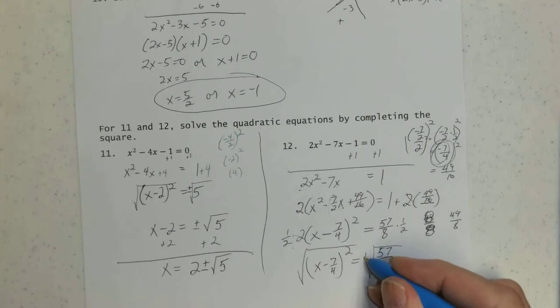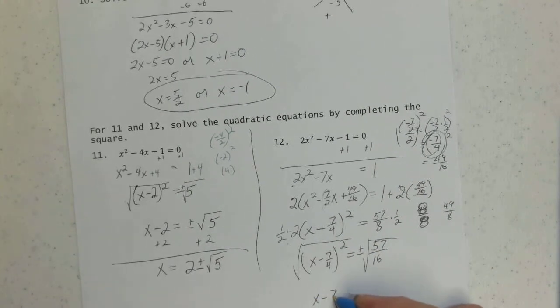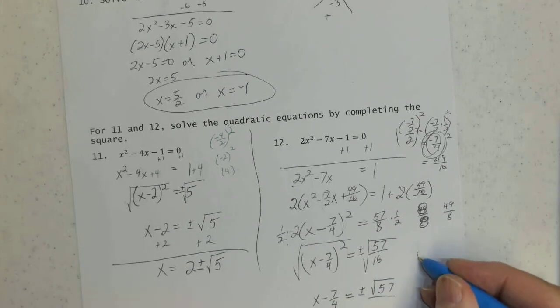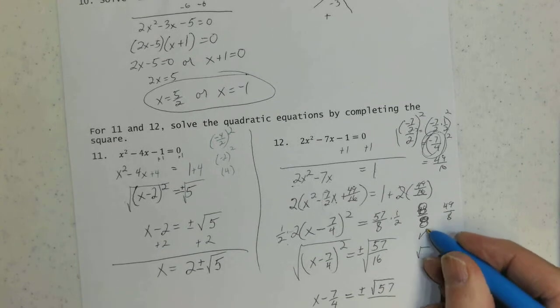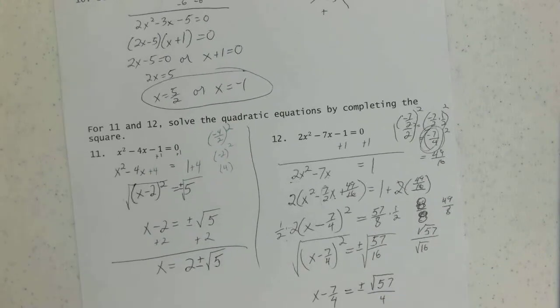the square root. I have a positive and a negative, and x minus 7/4 is here, equals, plus or minus, I'm going to split that up, square root of 57 over square root of 16 is 4.